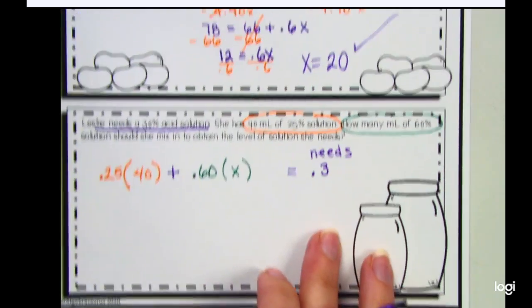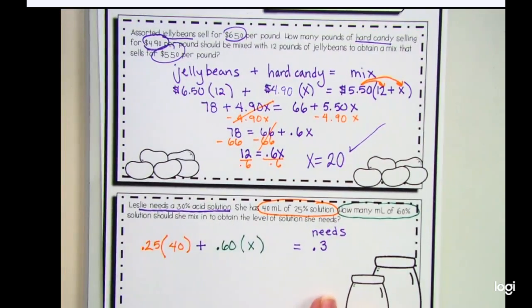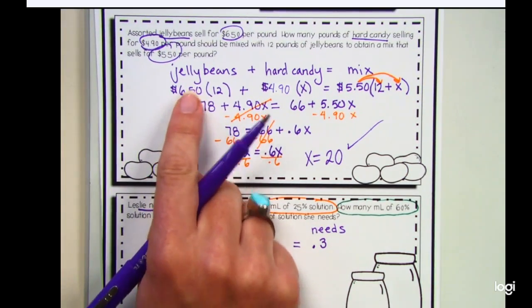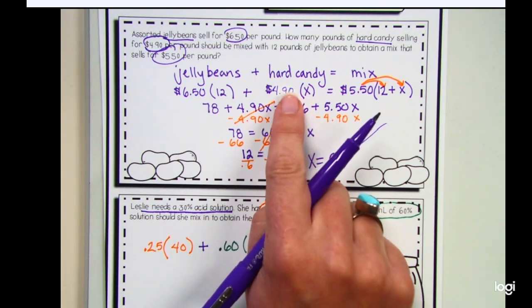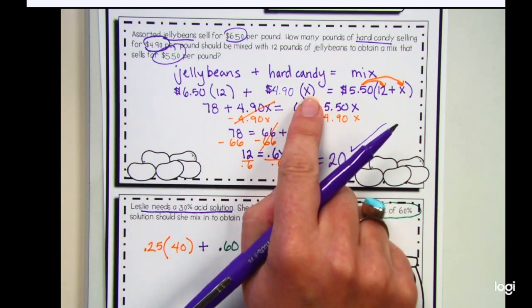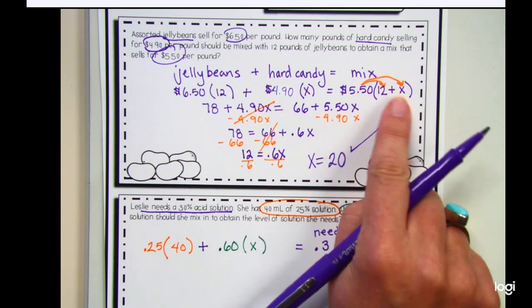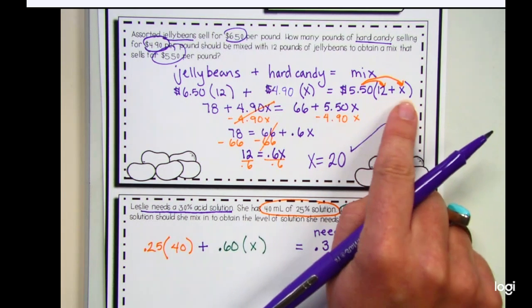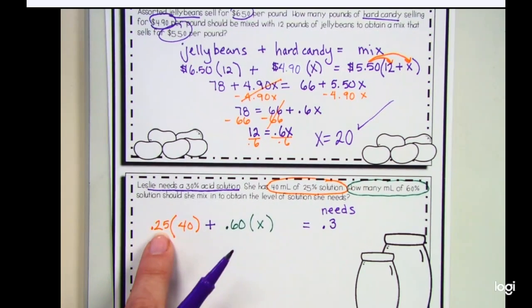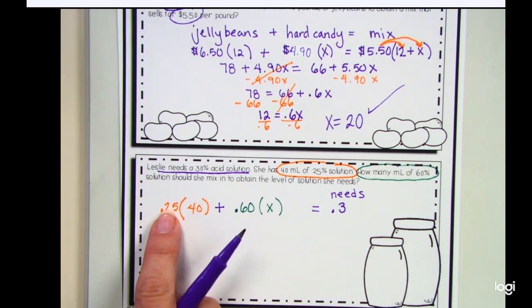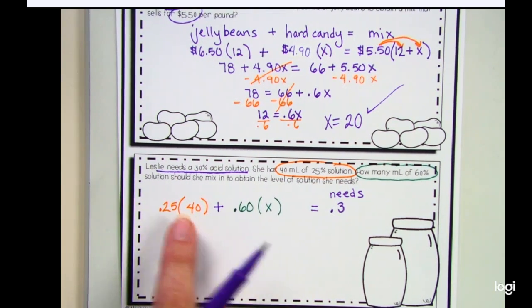I'm going to come back up and look at this one up here. We did how much and pounds. How much is it and what did we have to do with the pounds? We had to add them together. Here we go. We've got what percent milliliters?